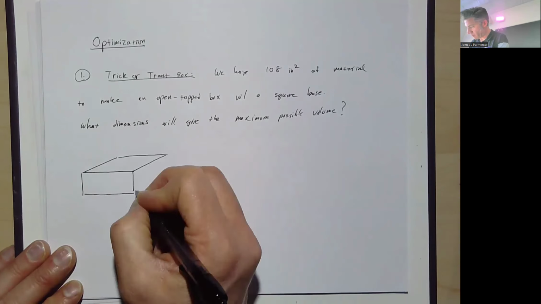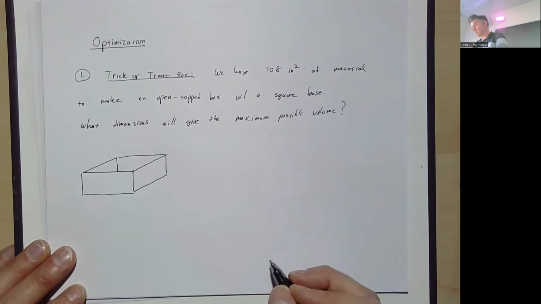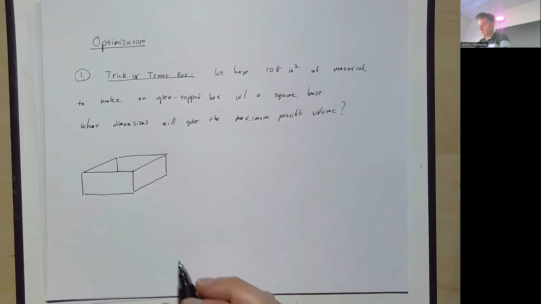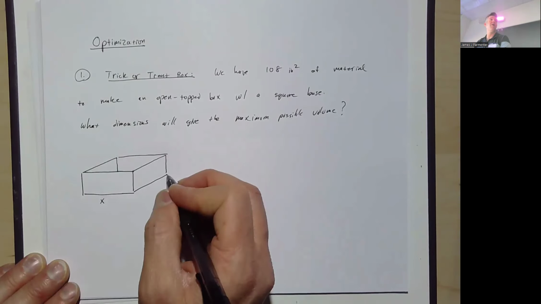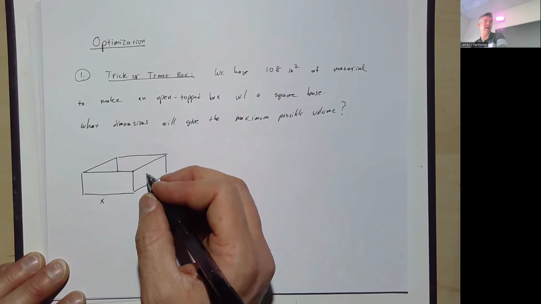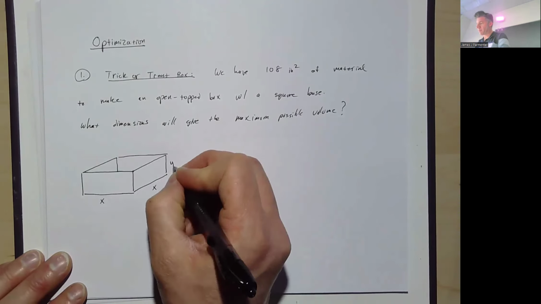There's my box with a square base. And I'm going to call this side x. And I'm going to call this side also x because if the base is square, those two sides should always have the same length. And then let's call this side y.